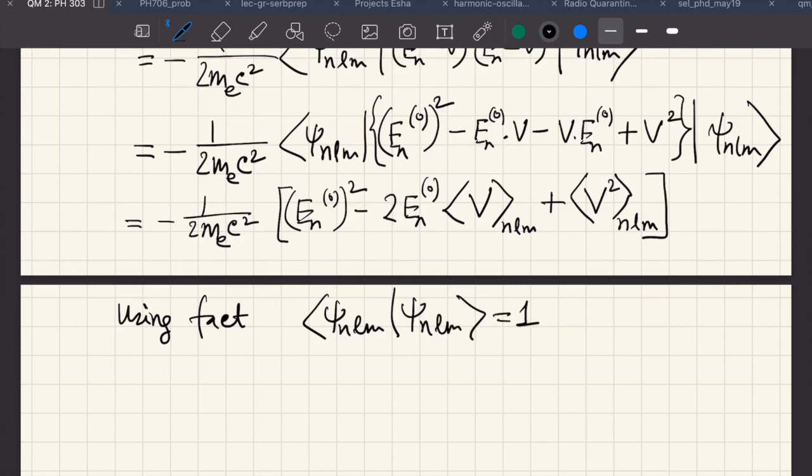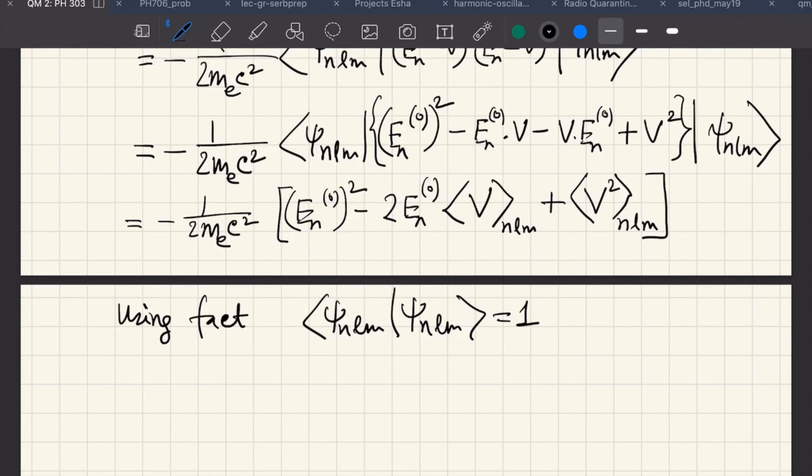So the problem has been reduced to the computation of the expectation value of the potential energy operator and the potential energy operator squared in the state psi NLM, which, with your experience in PH 204, is a very easy task.